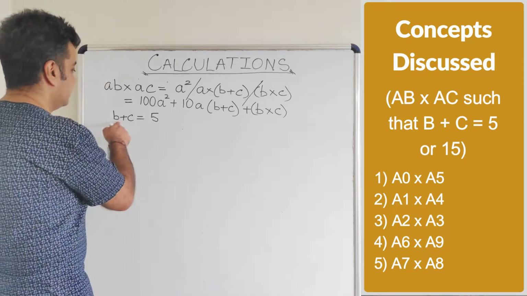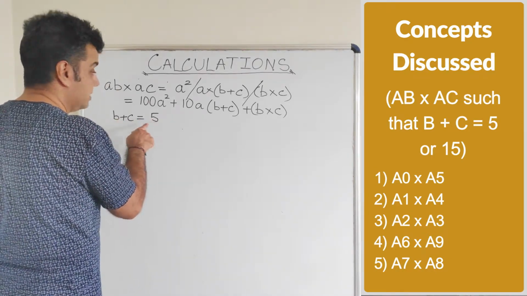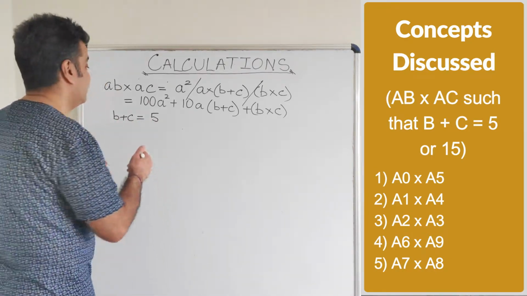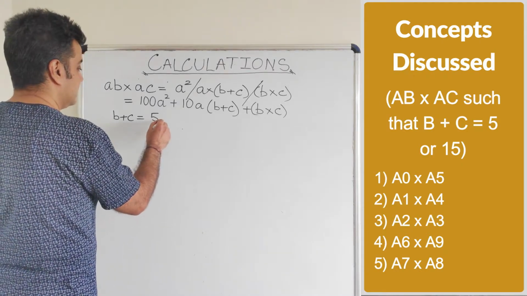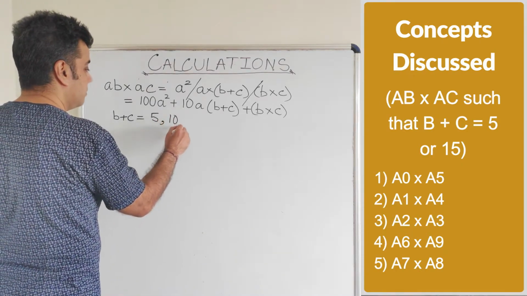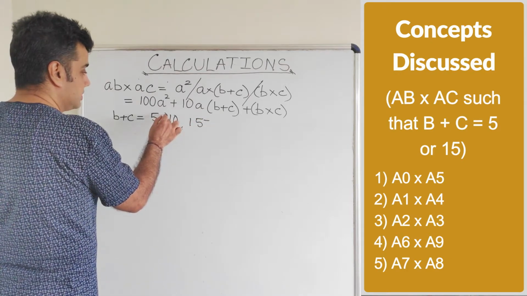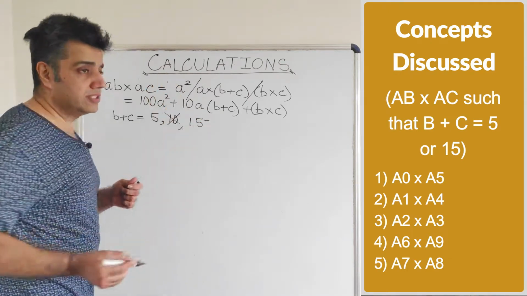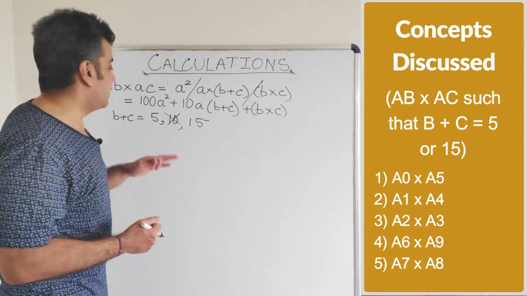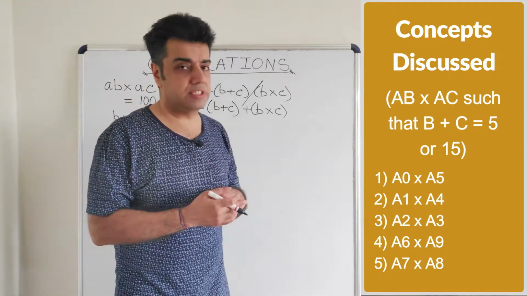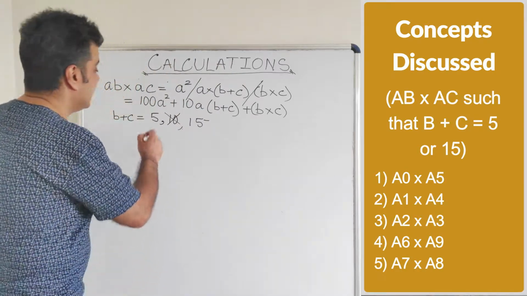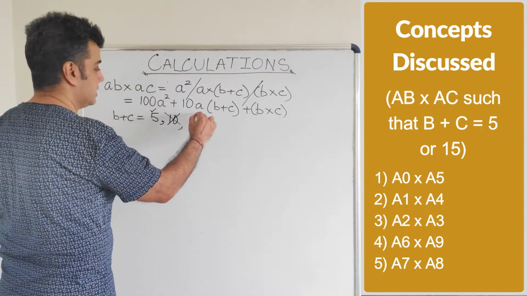So if it is going to be a multiple of 5, the possibilities are 5, 10 or 15; 20 is not possible. I am not going to discuss 10 because I have already done a session on this, or we will find out whether what we discussed earlier was correct or not. We are majorly going to focus on these two cases.